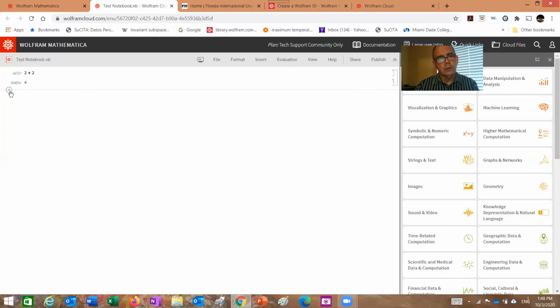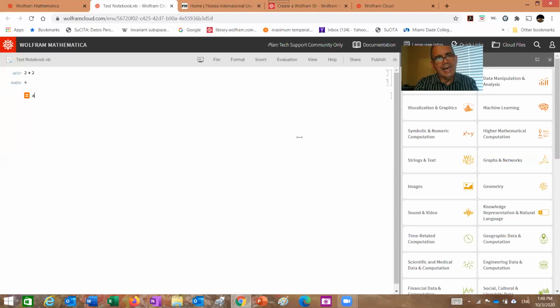And now, this is not the only kind of thing that we can enter when you are creating a notebook. You can enter also other things. For example, you click here, and you have a free-form input. A free-form input is an input where you query in written form, not in a formal language, but in an informal language.